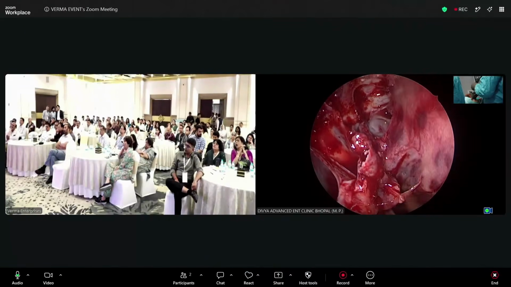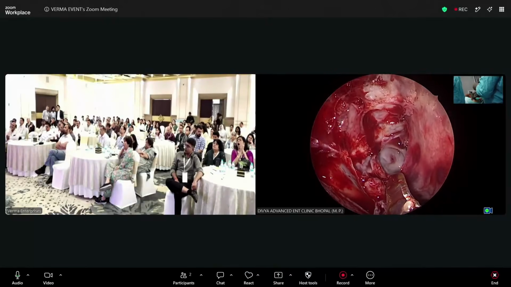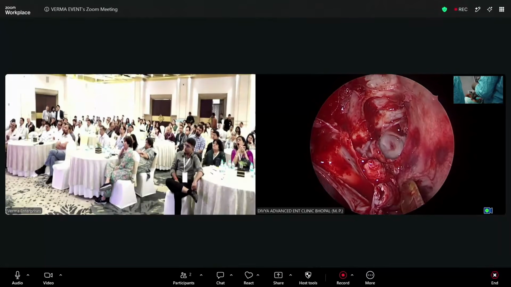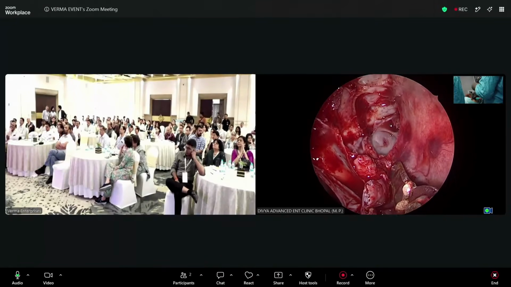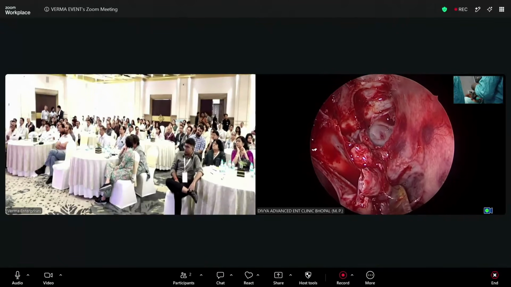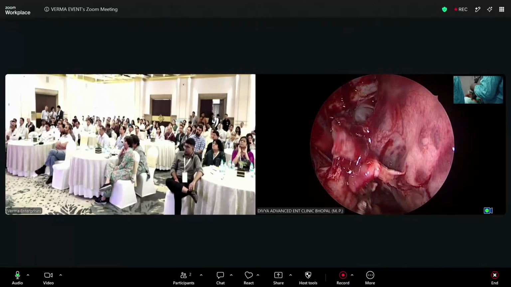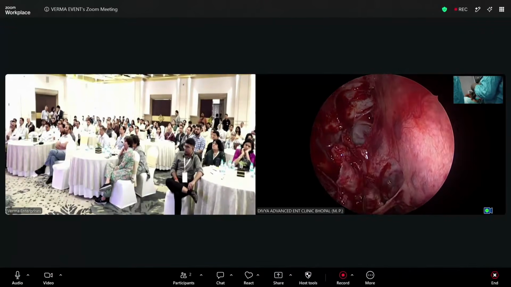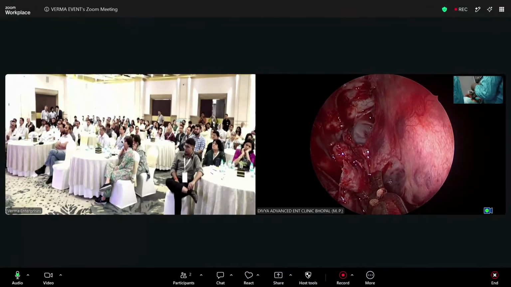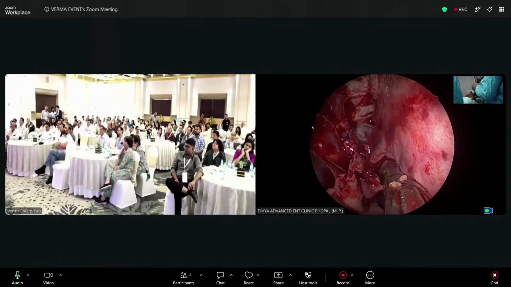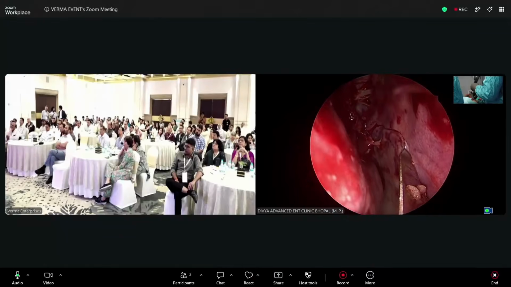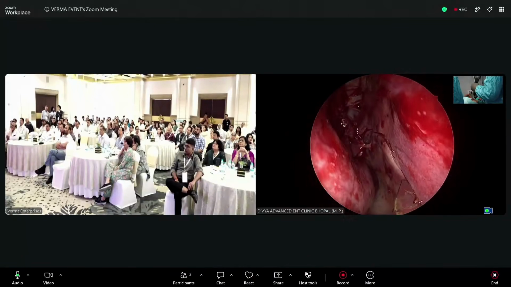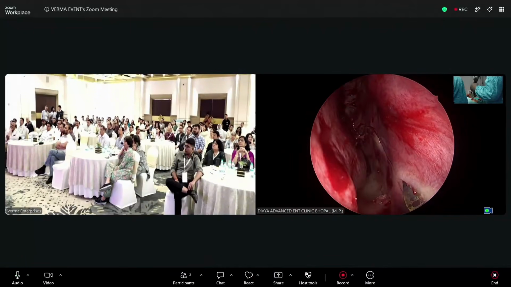So what is important for the Haddad? This is your sphenoid ostium. Yes. The vessel for the Haddad runs on the anterior surface of the sphenoid, few millimeters below the ostium. So what I will do, this is the level of the nasopharynx. I'll make one incision below, and then come down towards the floor and come anteriorly.